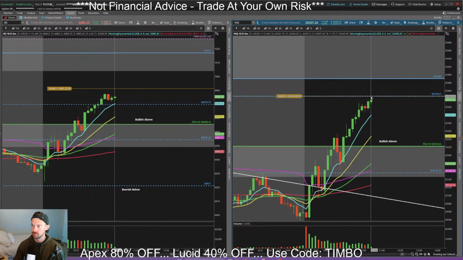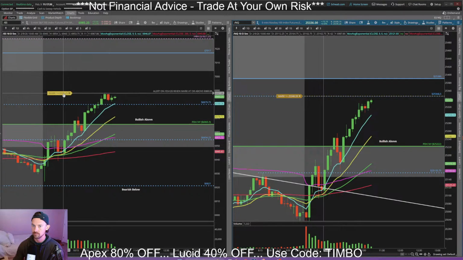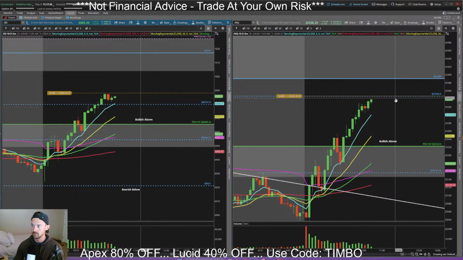Alright, NQ's trying to push here. Let's see if ES can make a new high.